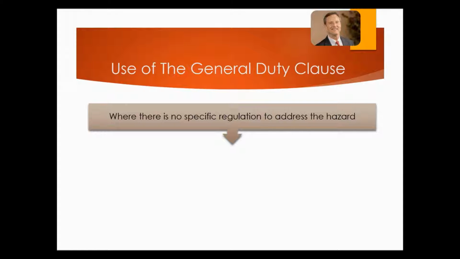Example, let's just say that powered industrial trucks don't have a requirement in the specific standards to wear seat belts, but your facility has a history of forklifts tipping over.